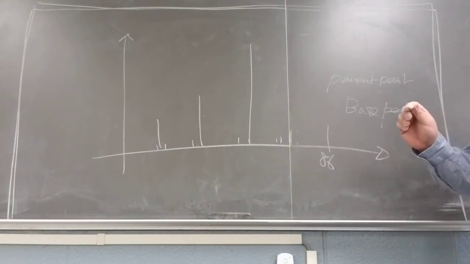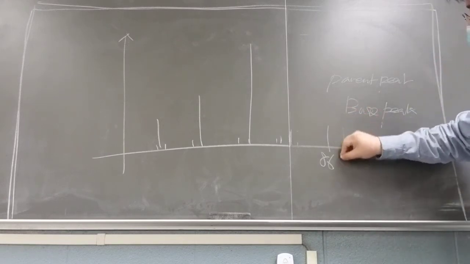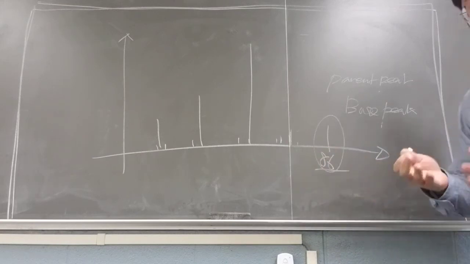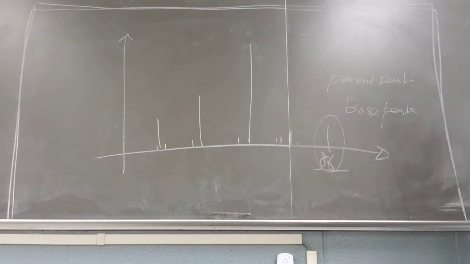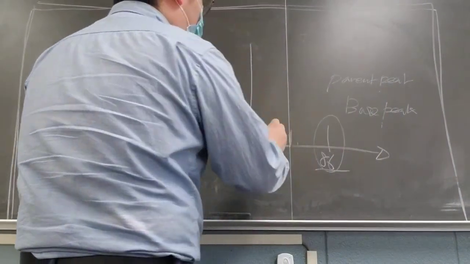Which one is the parent peak, the molecular ion? Perfect. It's the far right one, right? So this is what you can actually tell: oh, this is the molecular weight of the compound, easily from the mass spectrometry. What is the base peak?